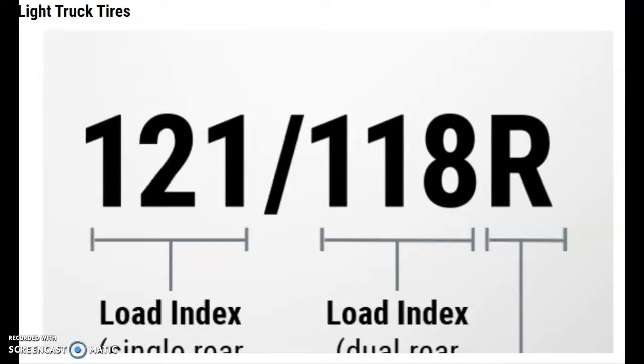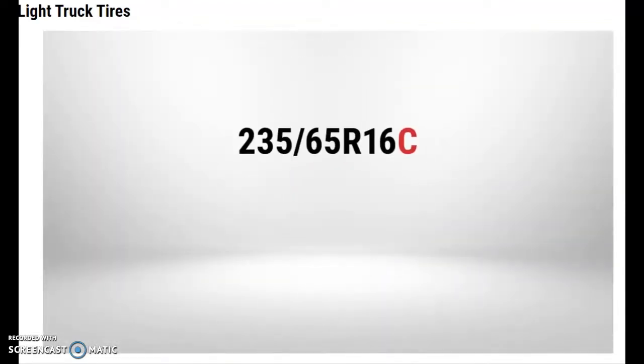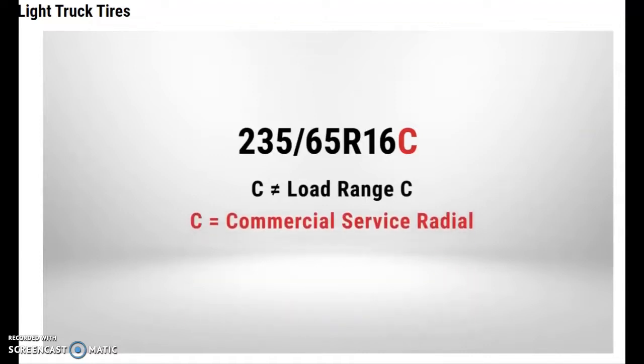The R at the end is the performance rating, also known as speed rating. In specific cases, you may notice a size like 235 65 R16 with the letter C. This is not to be confused with a C load range or 6-ply. The C stands for Commercial Service Radial.